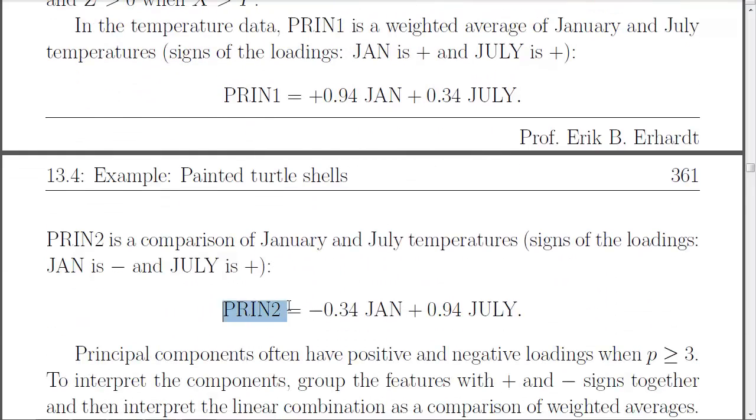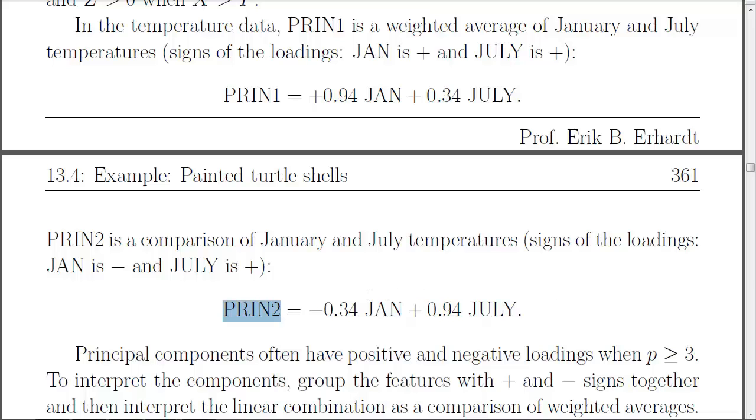In the case of principal component 2, we have a negative loading for January and a positive loading for July. So this is showing cases where there is a difference between the January and July temperature. There are regions where this relationship basically equals 0. You can imagine a January temperature that is high and a July temperature that is low, and there's a temperature there that would give principal component 2 equals 0.